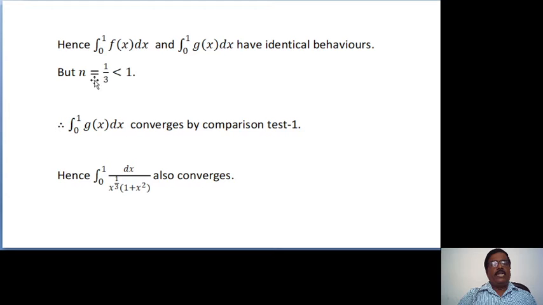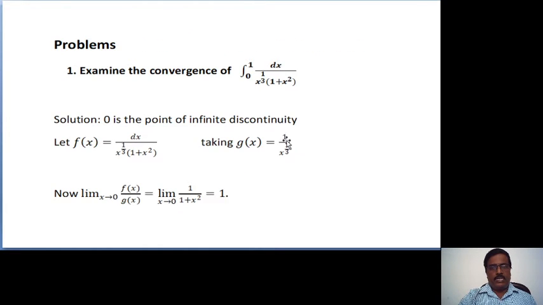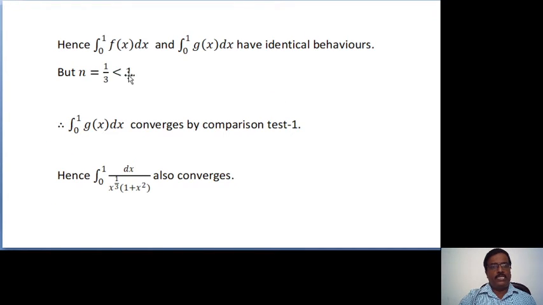Now, in this second function, n is equal to 1 by 3, which is less than 1. Therefore the integral from 0 to 1 of g of x dx is convergent, using the important useful integrals we have seen.